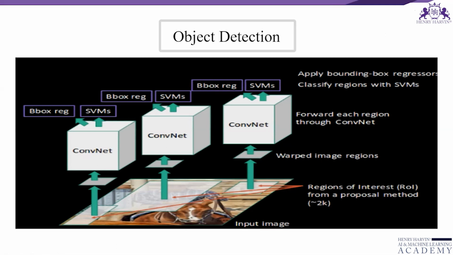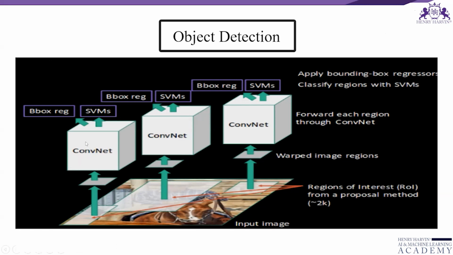Then a linear support vector machine, SVM, is used to train it to classify the objects as well as the background. For each class, one binary SVM is trained. And in the last step, a linear regression model is trained to output tighter coordinates for the box once the object has been classified in the image.